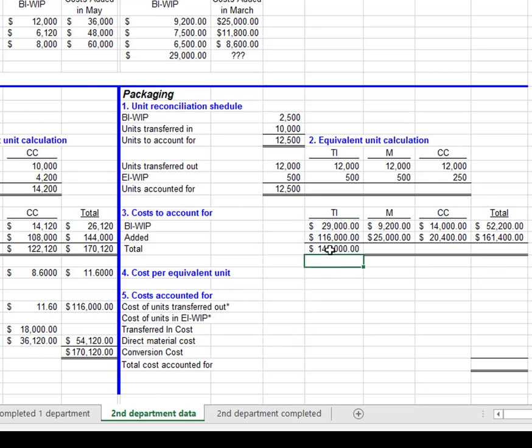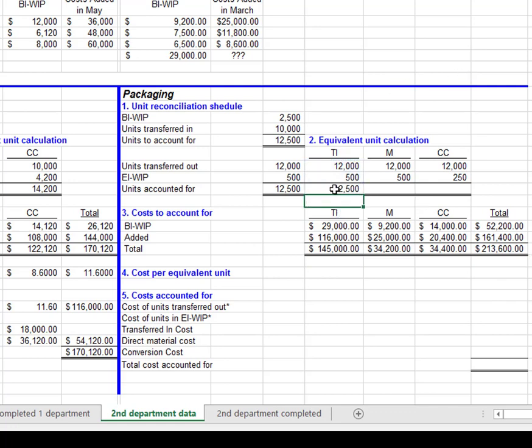For material, transferred in, material, conversion costs, and total costs. Okay. Next, I'm going to calculate my cost per equivalent unit. Before I do that, I have to total these up here.